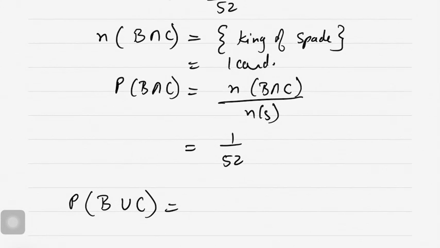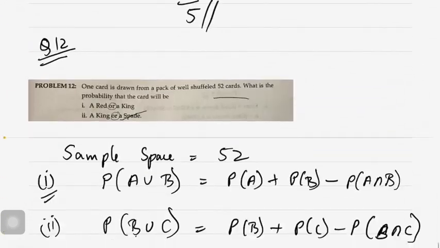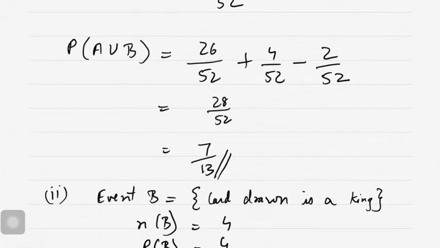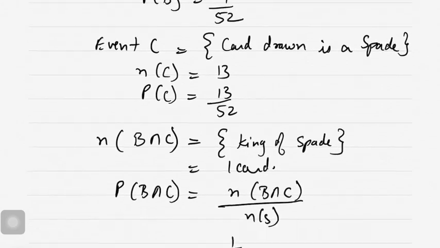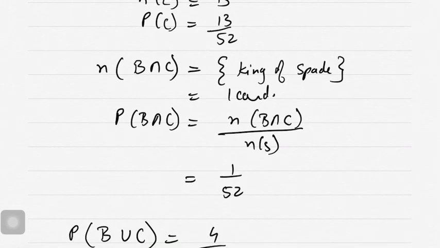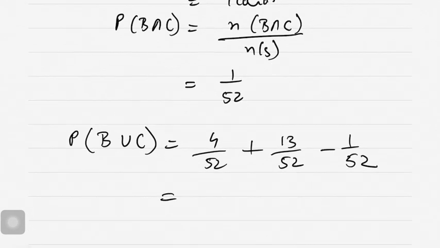that is P of B union C is equal to, because I have already written the formula, I am not writing the formula again. I will directly write the answer. So my P of B is 4 by 52, 4 by 52 plus 13 by 52 minus 1 by 52.